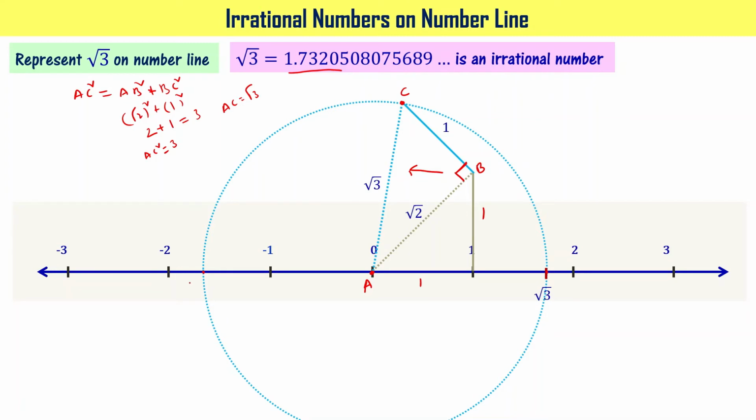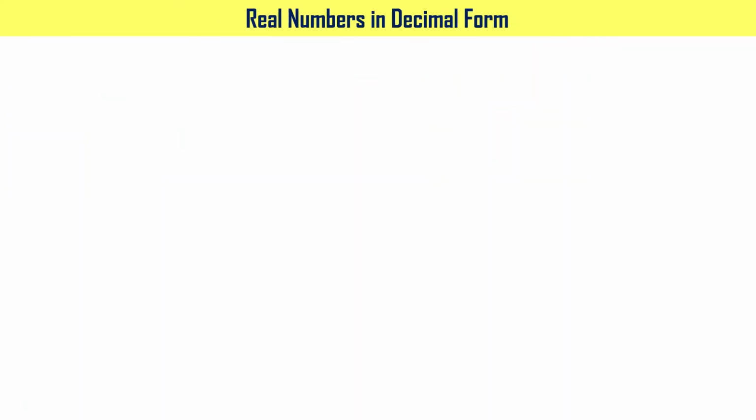On this side, it is going to be minus root 3. Got it? Till now, we learned to represent rational numbers and some irrational numbers such as root 2, root 3 on the number line, right?